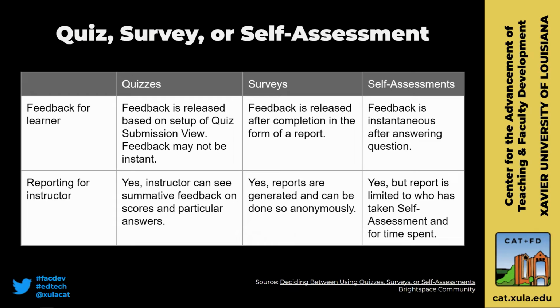And the default submission view basically says that the students will only see their score. You can change the submission view or set up a submission view to allow them to see the feedback, but the feedback would be done sometime after they submit. And like I said, based on how you set up that submission view.